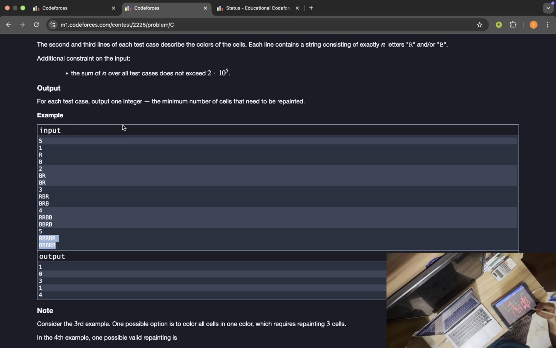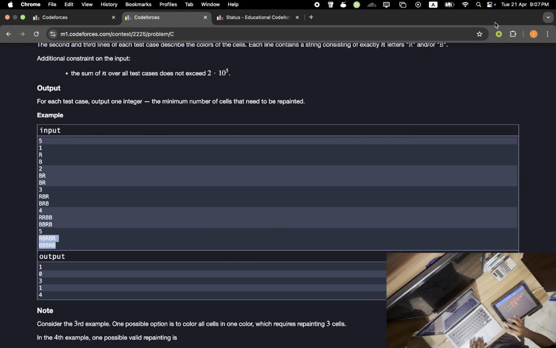I'll use that part plus these two, or I can do previous plus one. Is it right? So when I do something like that, just this one plus one. Yeah, it's a DP question.